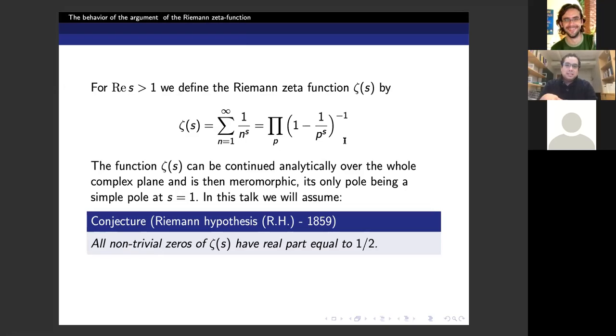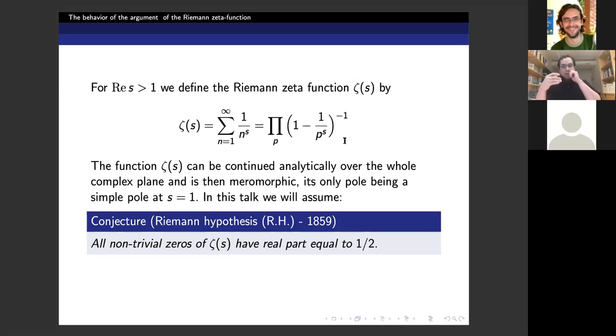So we know that zeta is defined by a series in this form, the series 1 over n to the power s, where s is a complex number and it is defined in the half-plane real part of s bigger than 1. We know that this function has this Euler product too.